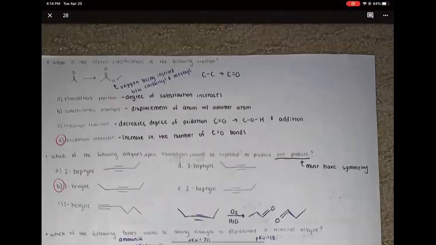Moving on. What is the correct classification? Okay, this is, again, a really nice one. Of the following reaction, it looks like we're turning a ketone into an ester. Yes?